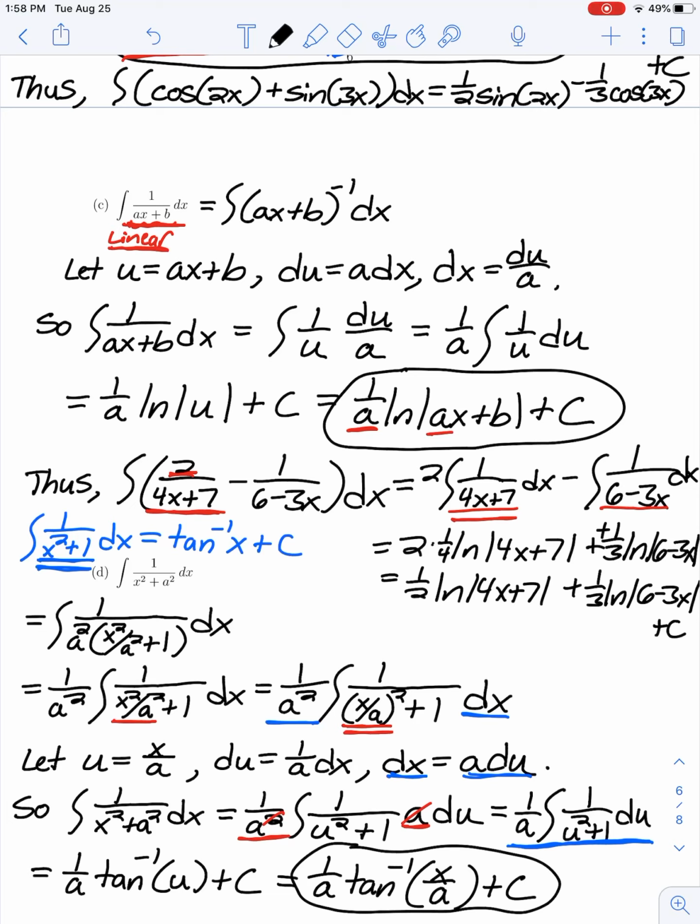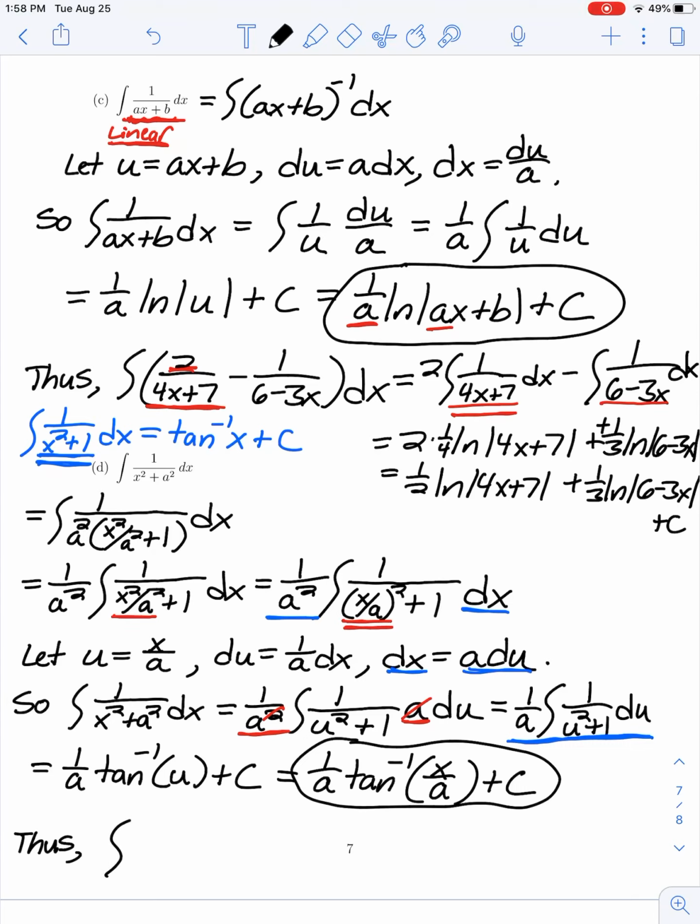So as an example of the type of problem where this might appear, let's say that we have something like the following. Maybe we need the integral of 1 over x squared plus 25 dx. So we have 1 over the sum of squares, x squared, and 25, which is 5 squared.